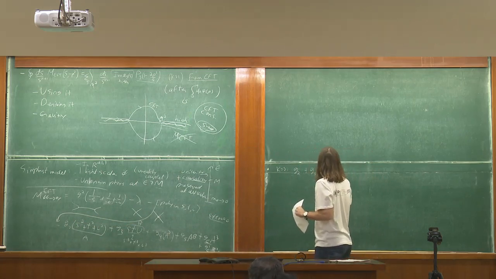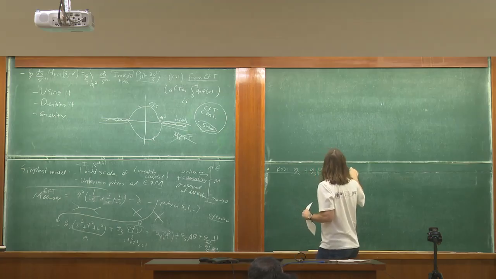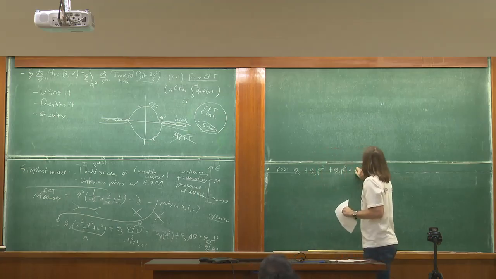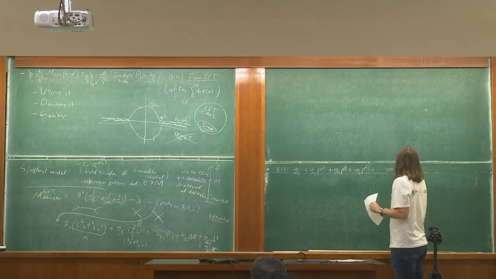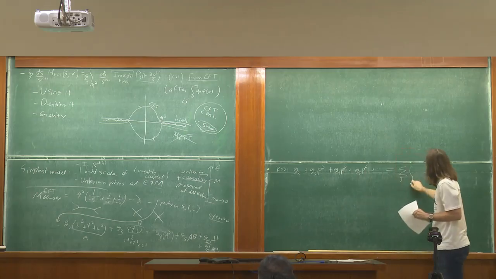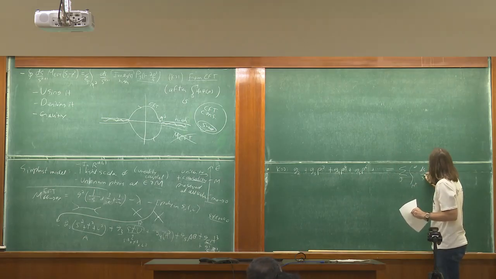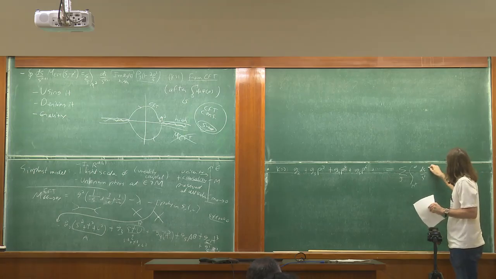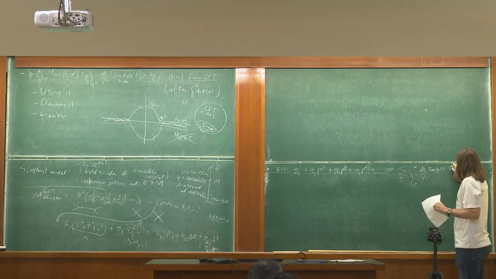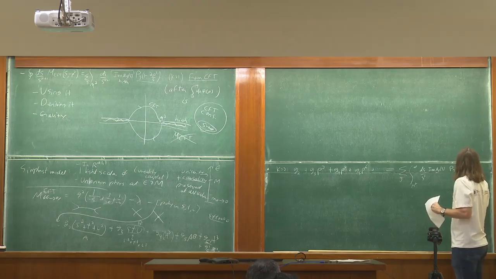Then you get g3 p squared, g4 p^4, and an infinite series of terms. And on the right-hand side, you get the sum over all the states and their spin, integral from m squared to infinity, ds over s cubed, and you get this positive thing times a Legendre polynomial of 1 minus 2p squared over s.